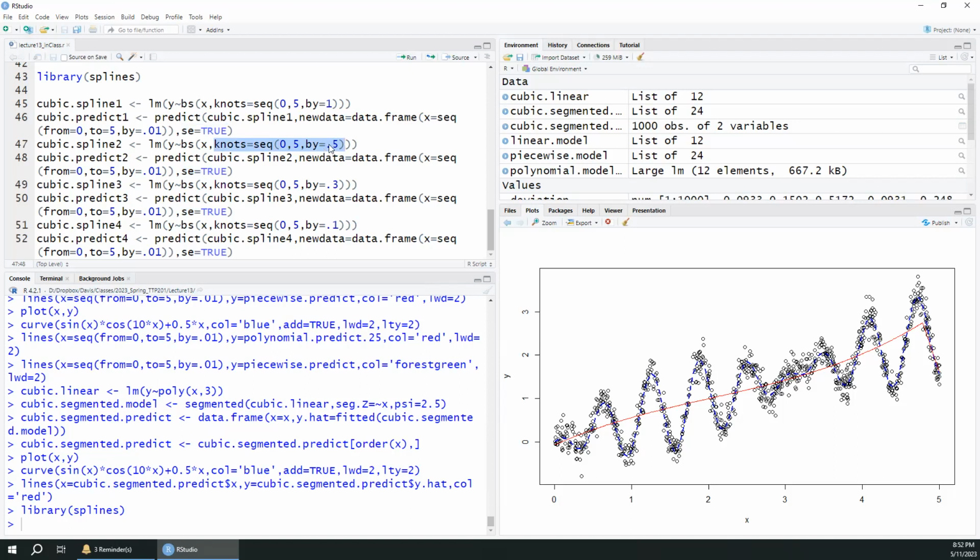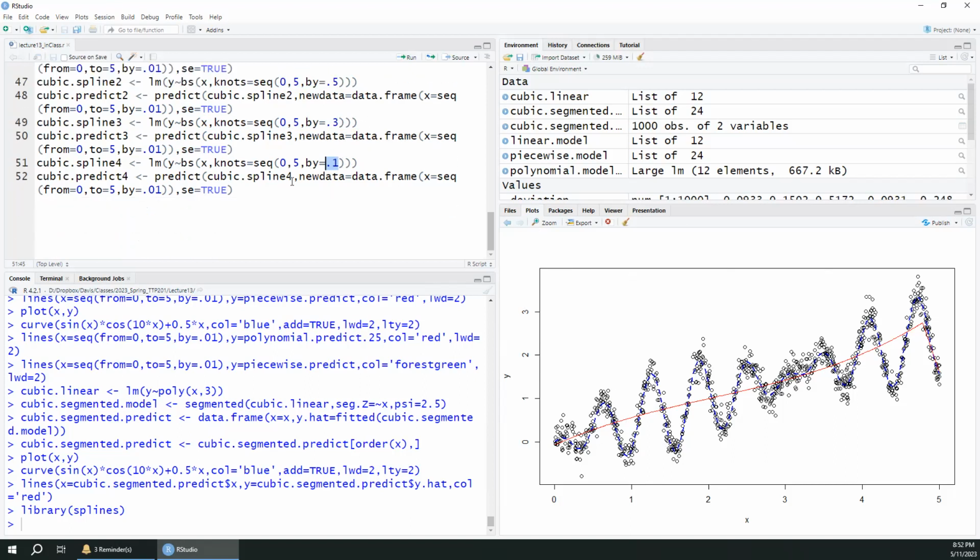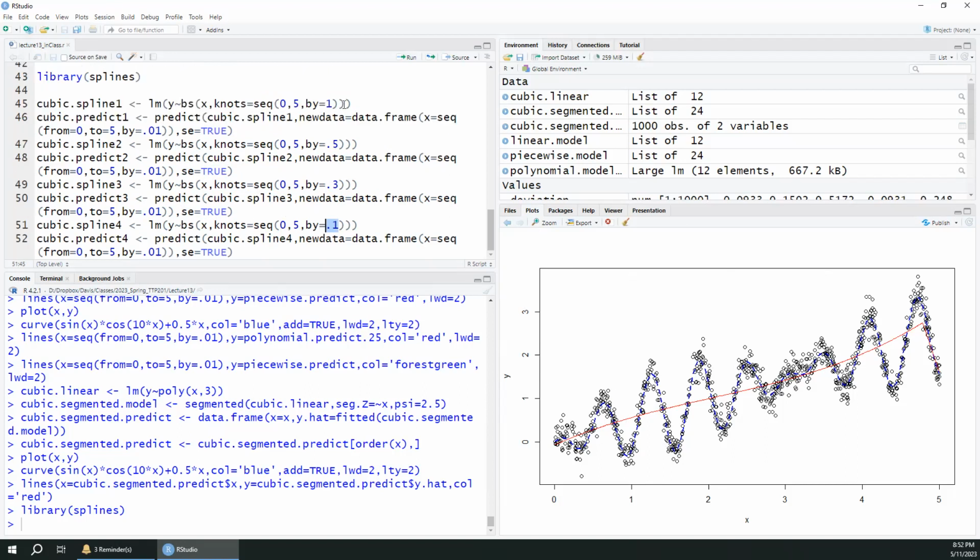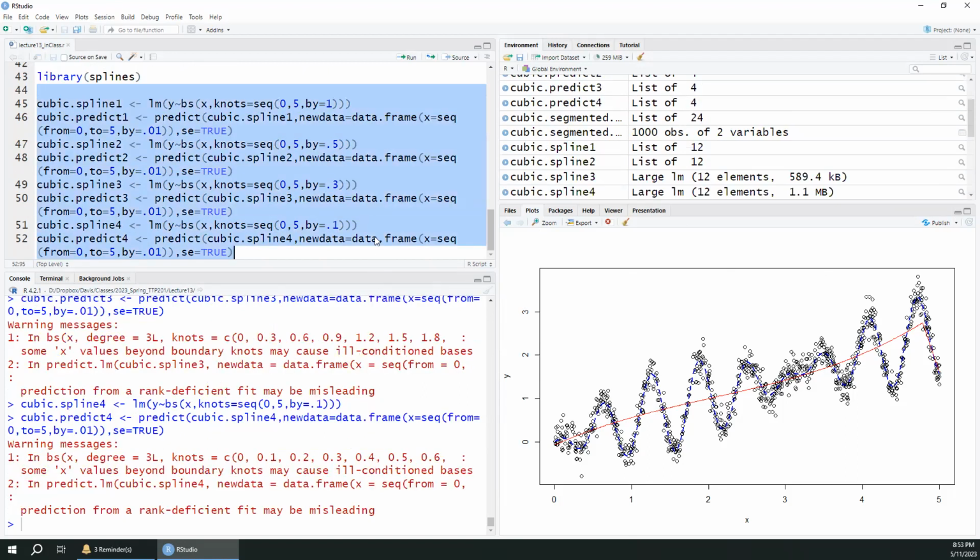So here it's every 0.5, which means that I've essentially doubled the number of knots. Remember, I had 4 before, at 1, at 2, at 3, and 4. Now I have one at 0.5, at 1, at 1.5, at 2, and so on. So you should have twice as many knots in this one. Here, I'm doing it every 0.3, so you should have approximately 3 times as many. And then in the last one, we'll have every 0.1, which means I should have about 10 times as many knots as my first model. So I'm going to go ahead and run all of this.